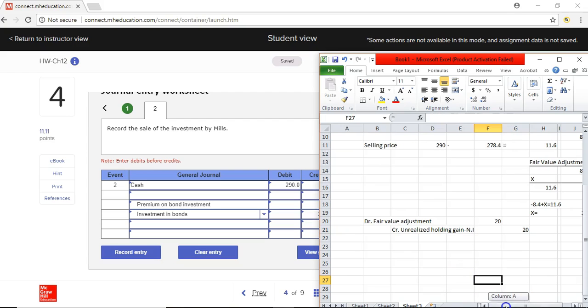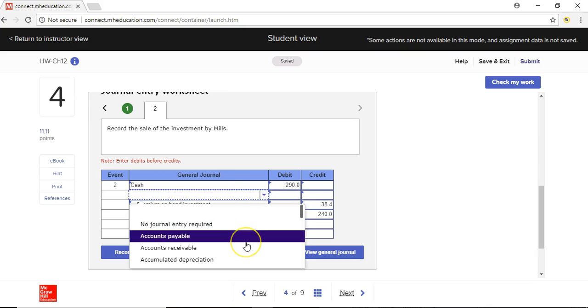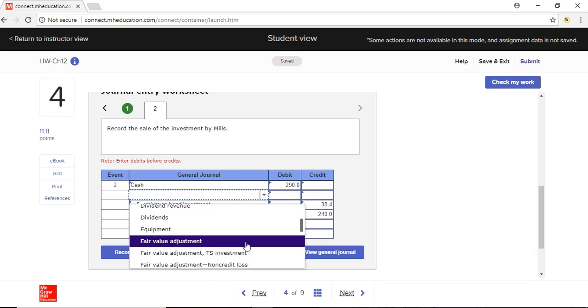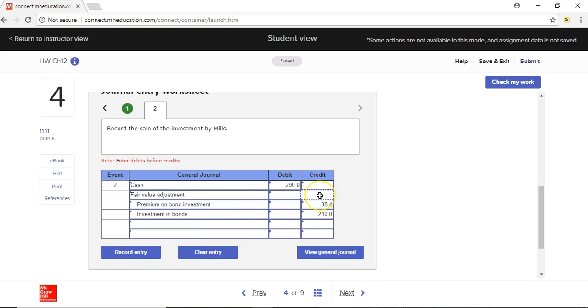Therefore, the remaining task for us is to remove the fair value adjustment balance. So this is a debit balance. To remove that debit balance, we put it on the credit, for $11.6 million.